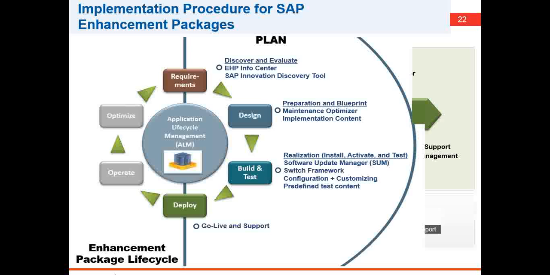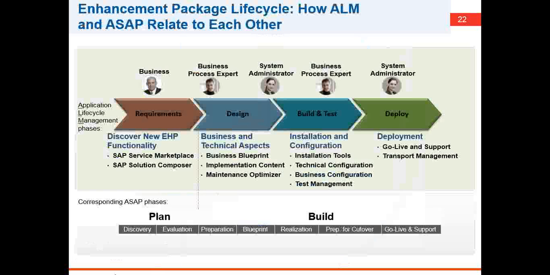Discover new enhancement package functionality and evaluate whether this is going to work for us. When we get into the build phase, ASAP methodology has 5 steps: prep, blueprint, realization, preparation for cutover, and finally go live and support. These now equate back to ALM.